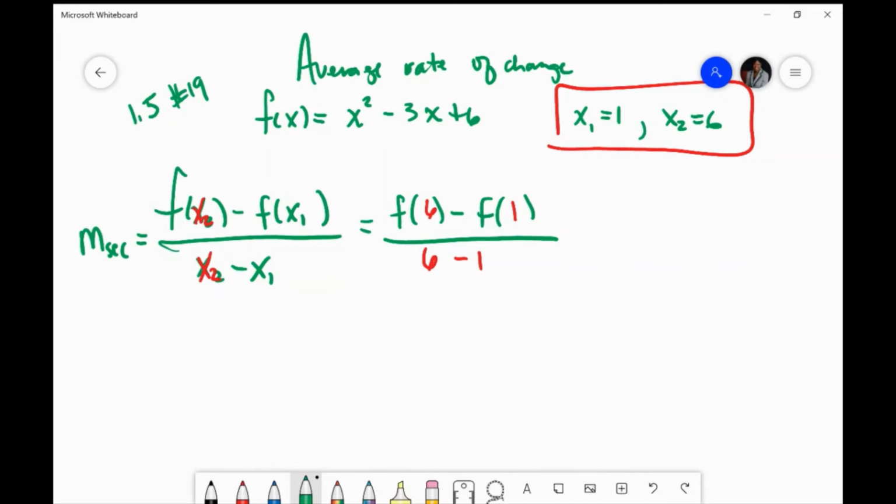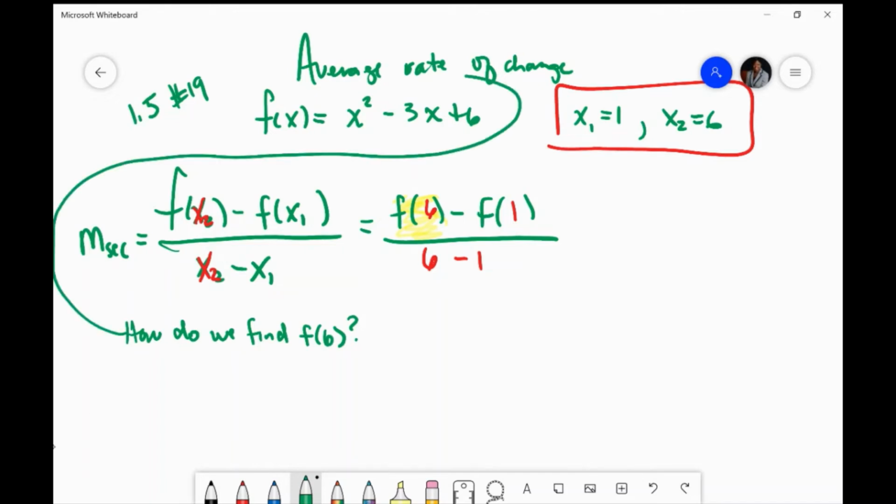All right. So I have to figure out what f of 6 is. What does that mean? f of 6. How do I find f of 6? You plug it in. Plug it into what? Not the formula, but what? The equation, the function. They gave you the function right here.